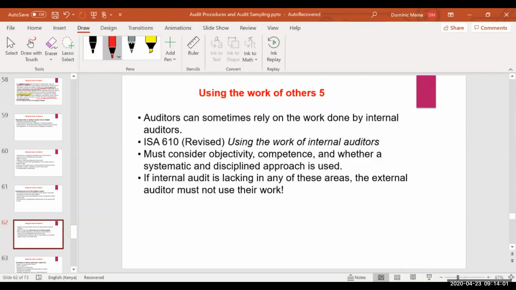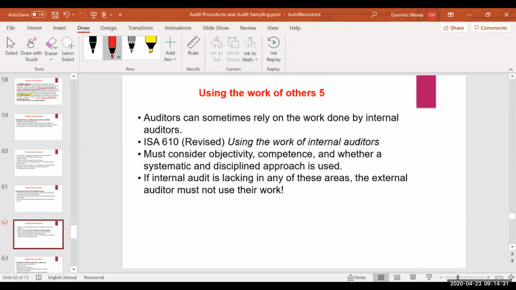However, in those instances where it might not be possible for you to attend, you may want to use the report of the internal auditor as part of your audit evidence. So it's worthwhile that the two of you, the external auditor and the internal auditor, come to some sort of agreement on how these are going to run in the company. So that is an instance where you may want to use their work.